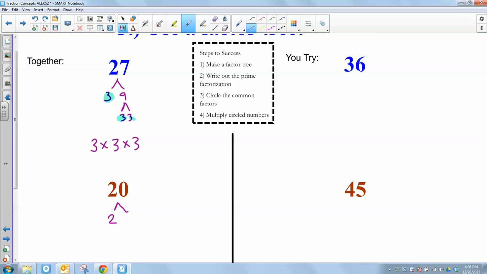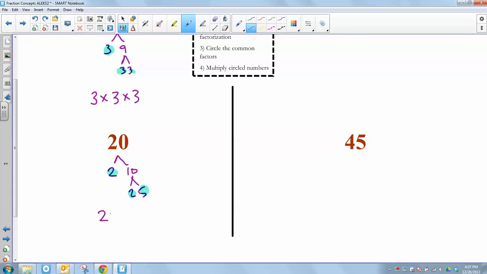And then for 20, I can break that up into 2 and 10. 10 can be broken up into 2 and 5. So my prime factorization is 2 times 2 times 5.